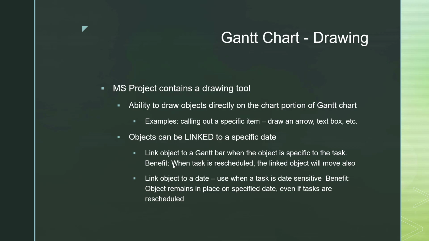So if a task is rescheduled, that drawn object, that arrow, that callout, whatever you're going to put there, stays fixed at that point because it's attached to the date and not to the bar. So when you're doing these objects, you want to think about that. Am I calling out the task, or am I referencing the date in the schedule? That would be how you decide what you're going to link it to.